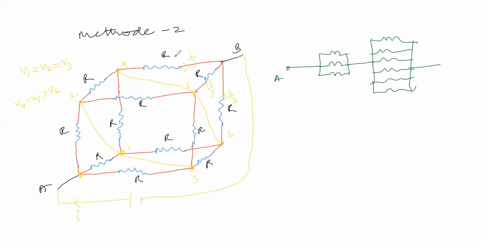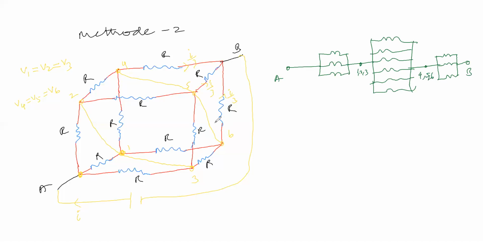And then these three resistors in parallel. This is the point B. These points we can take as 1, 2, 3, and these points as 4, 5, 6.